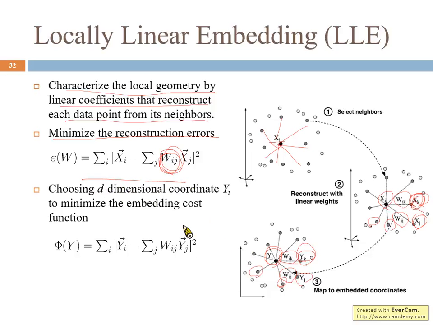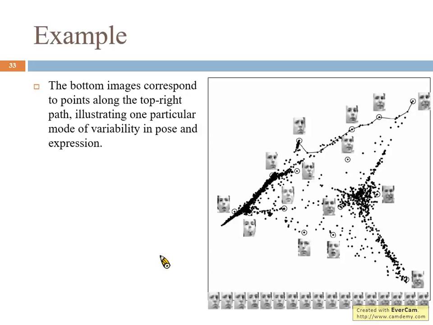And in the low dimensional space, like a d-dimensional space, we also try to minimize the embedding cost. So this is the low dimensional representation, and these are the linear reconstructions based on the lower dimensional representation of its neighboring data points. There is some mathematical derivation about the LLE.